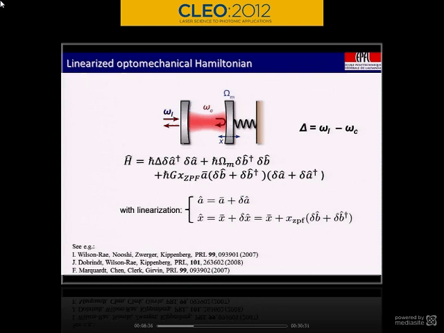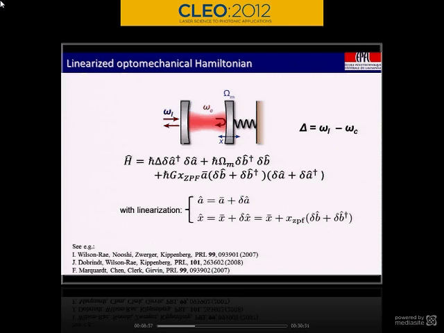Moreover, if you linearize the Hamiltonian, what you see here is a term a bar, where a bar is the root number of photons in the cavity. So that means that this interaction between optics and mechanics is enhanced by the mean field inside the cavity. And you can make that coupling coefficient larger by simply increasing the number of photons inside the cavity.